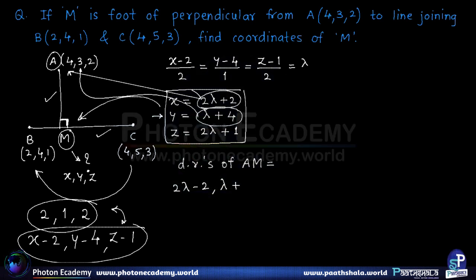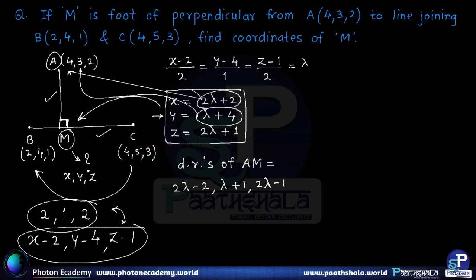And lastly we have 2 lambda plus 1 minus 2, so therefore that turns out to be 2 lambda minus 1. Okay, so these are the direction ratios of AM, and the direction ratios of BC are already known. They are 2, 1 and 2.